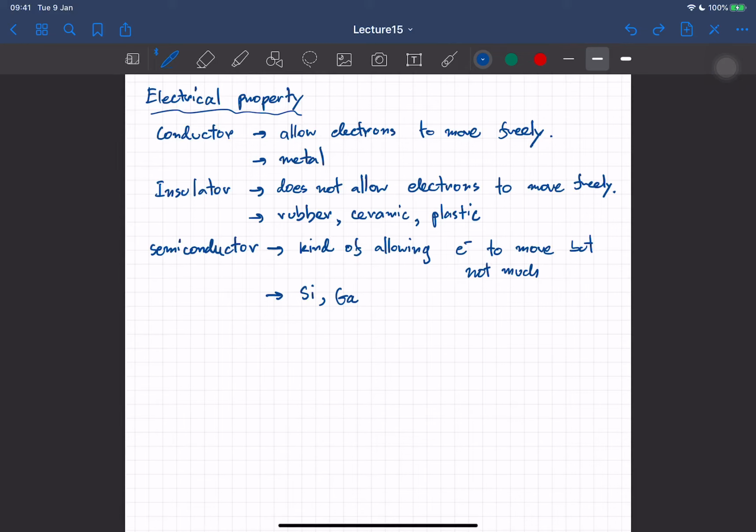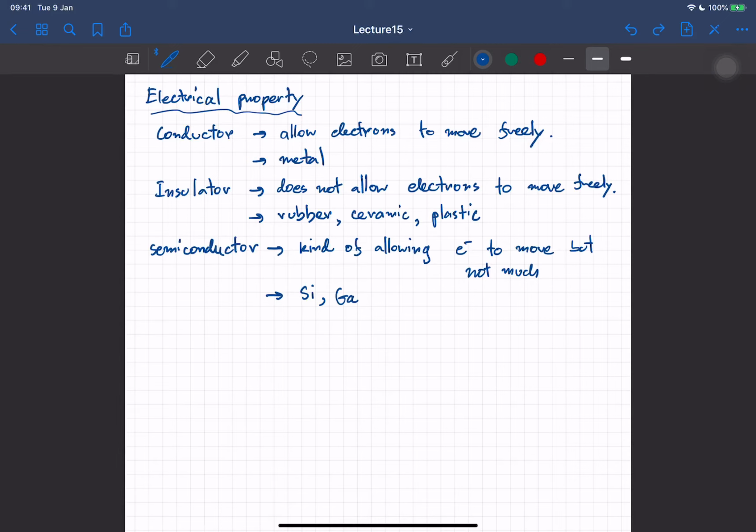A conductor allows electrons to move freely all the time, so it's really hard to turn down that freedom of the electron. If you say, hey, slow down a little bit, it's very hard to do with a conductor. And for an insulator, it's the other extreme. It doesn't move at all, and if you say, can you please move a little bit, that's also very hard to do.